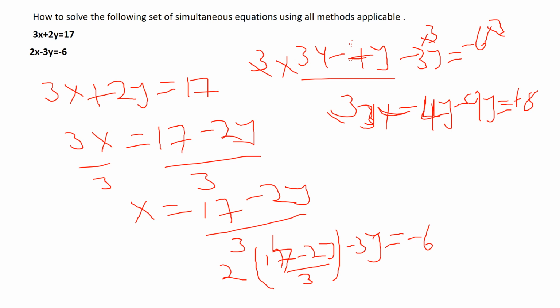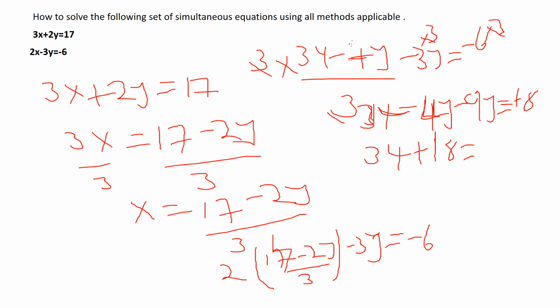So remember, my interest is to get the value of y. So in this case, maybe I can bring this 18 to this side, so I'll be left with 34 plus 18. 34 plus 18 is equals to negative 4y minus 9y.